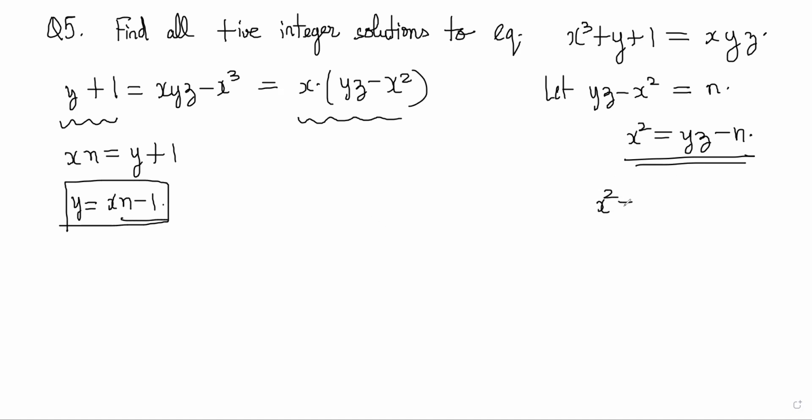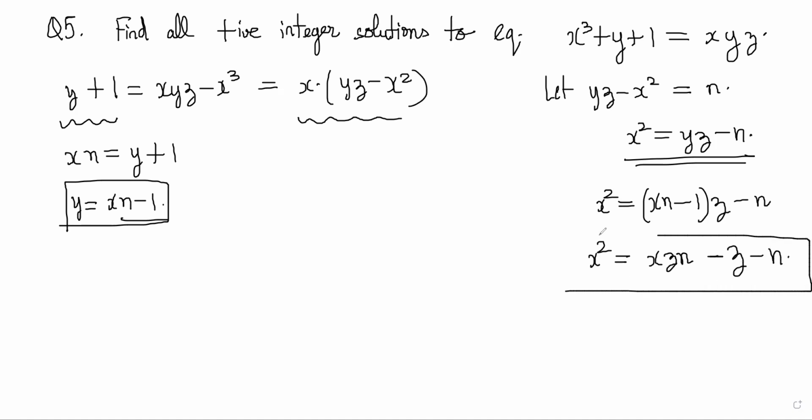So we'll get x squared is equal to, instead of y, (xn minus 1) z minus n, right? So x squared is equal to xzn minus z minus n. Basically, what have I achieved? I have eliminated y, and I have gotten a new variable n.